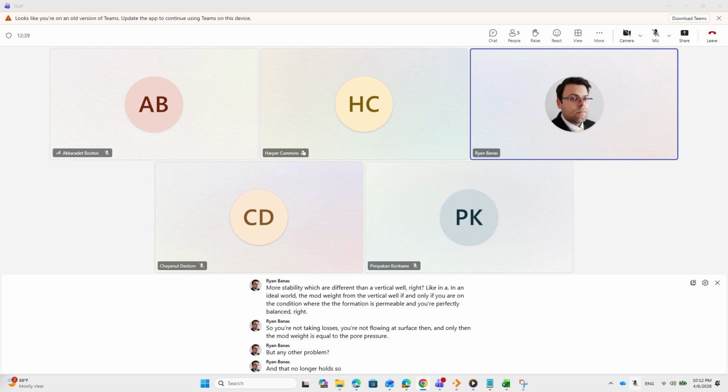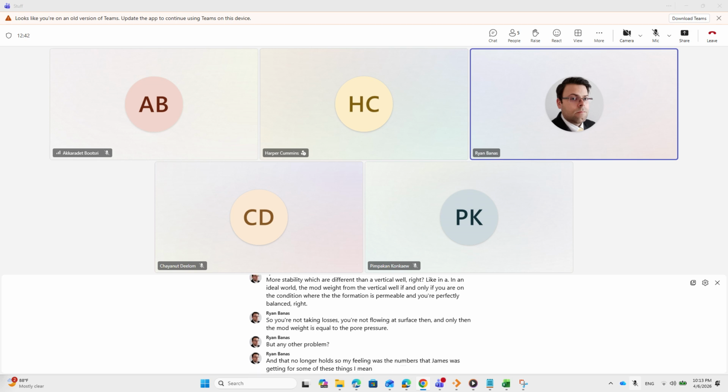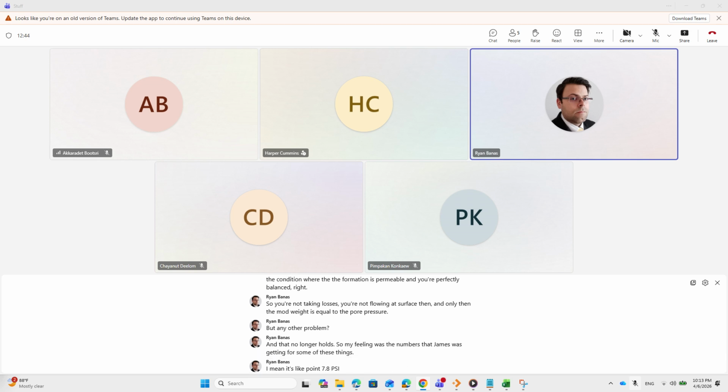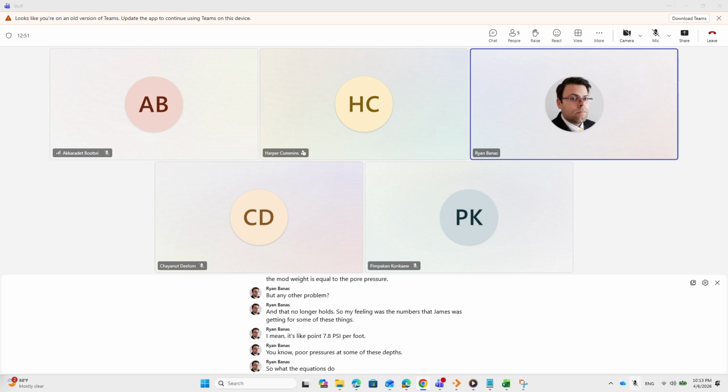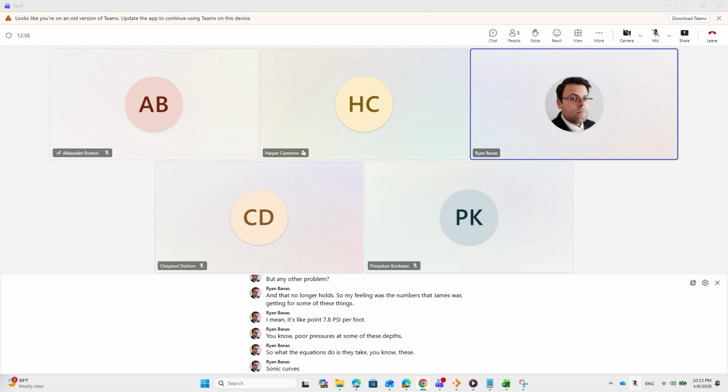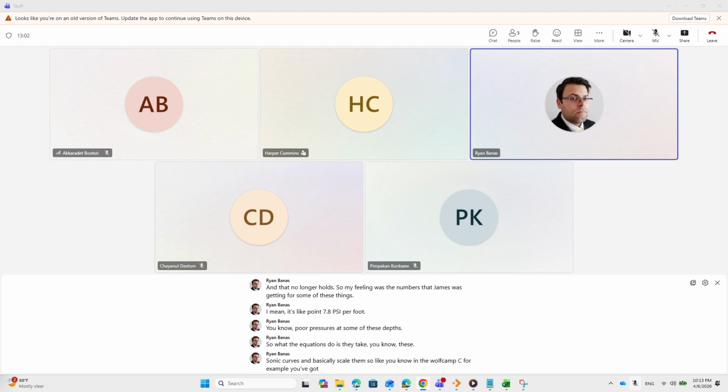So my feeling was the numbers that James was getting for some of these things, I mean, it's like 0.7, 0.8 psi per foot pore pressures at some of these depths. What the equations do is they take these sonic curves and basically scale them. So in the Wolfcamp C, for example, you've got really slow clays.